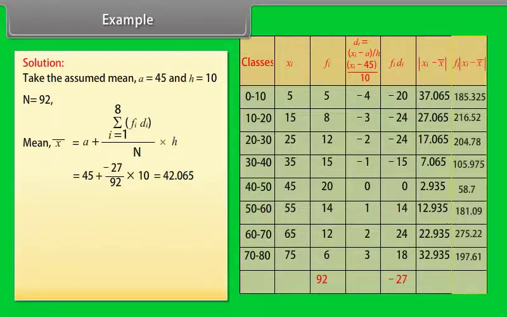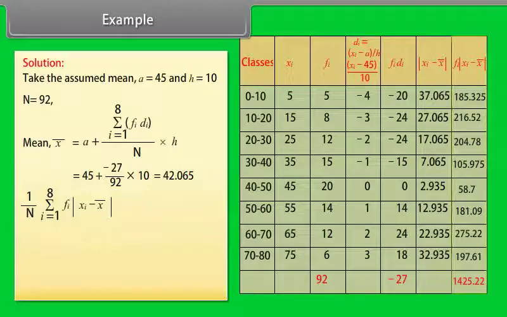In the seventh column, we find the product of frequency fi and the absolute values, and their sum is 1425.22. And finally, we find the mean deviation by the summation from i equals 1 to 8 of the product between frequency and absolute values divided by capital N as 15.49.